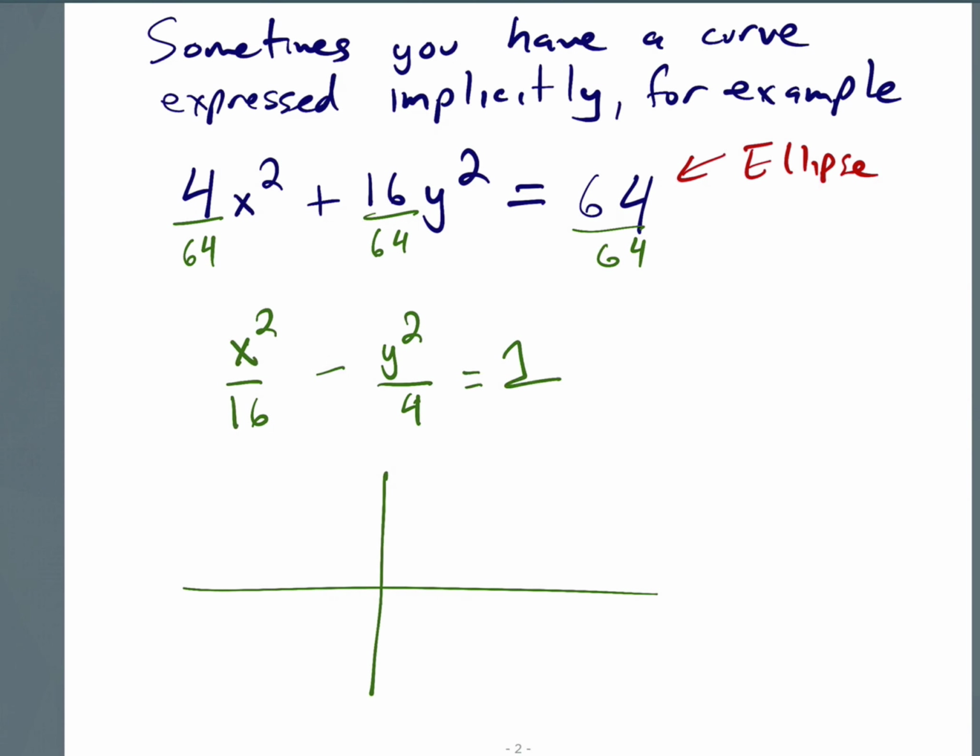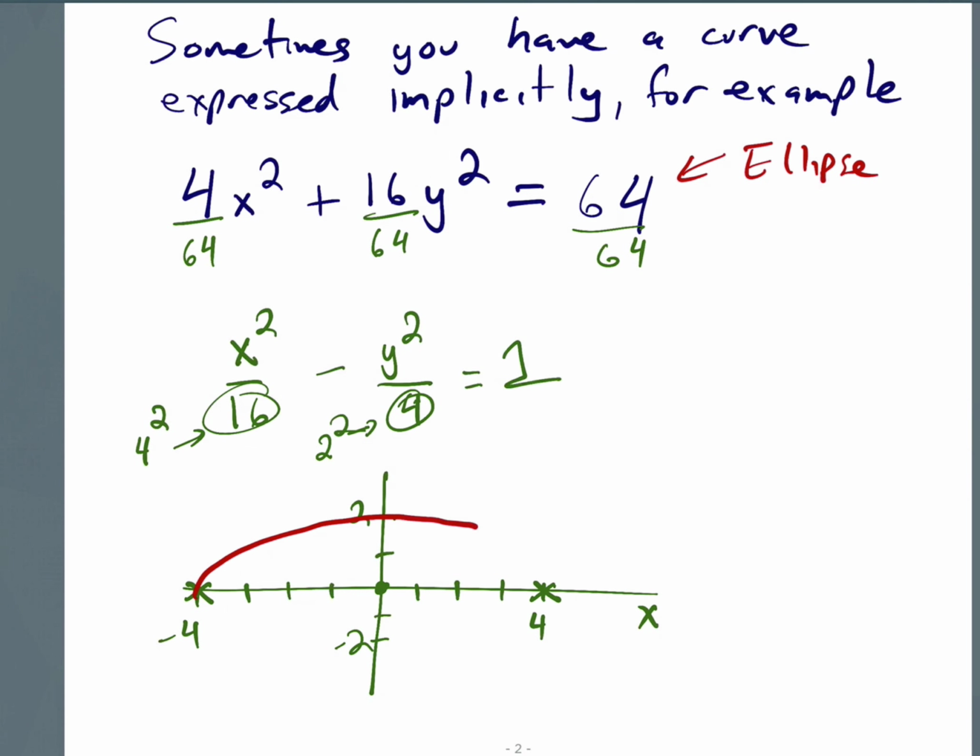If I graph this, it's centered at 0, 0. You can rewrite the denominators as 4 squared and 2 squared. That means you go 4 along the x axis and 2 along the y, and then you can draw your little ellipse like that.